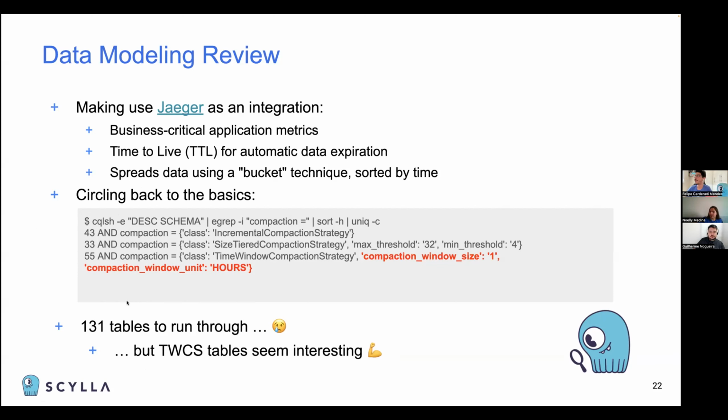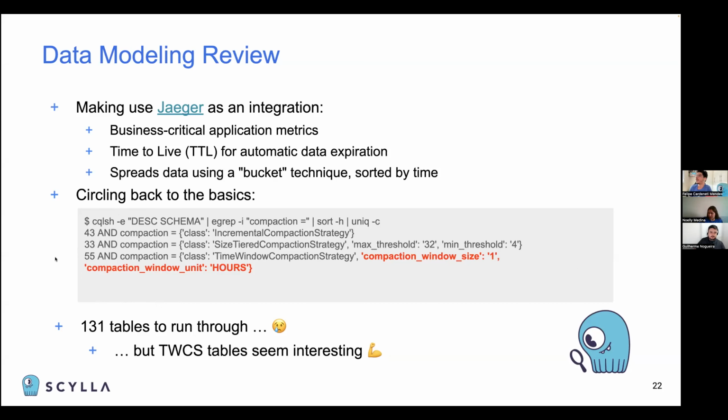And then looking a bit further at the time window compaction strategy tables, we noticed something interesting about the compaction window set for these tables, and it was quite a lot, 55. And we can see that it was set for 1 hour.